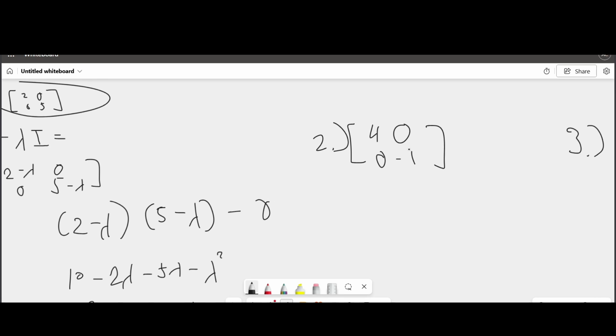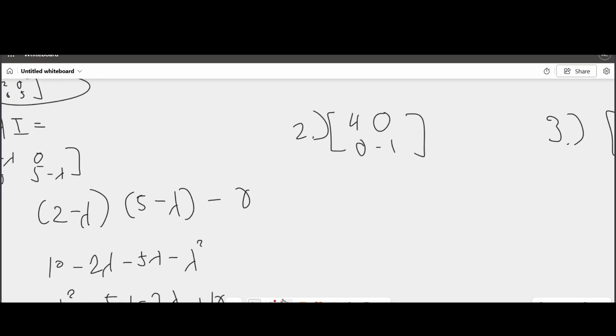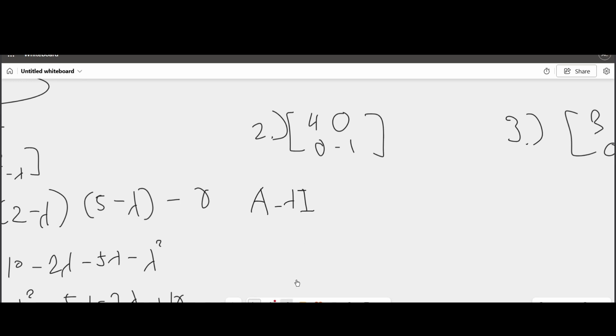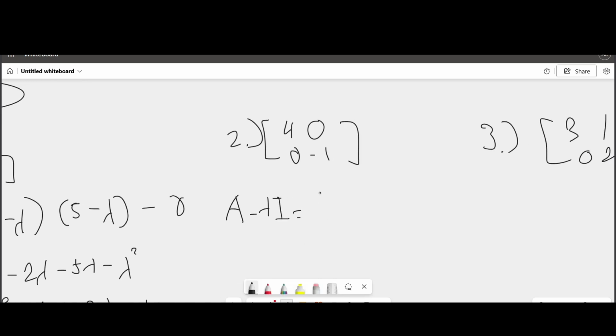In order to get the eigenvalues, you just have to do the same thing as you did earlier.